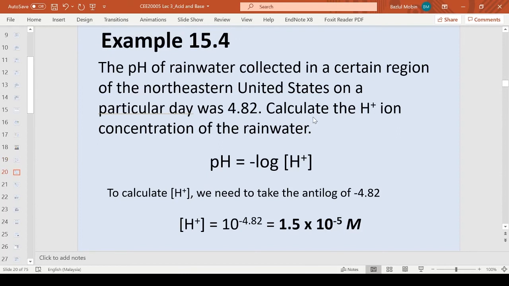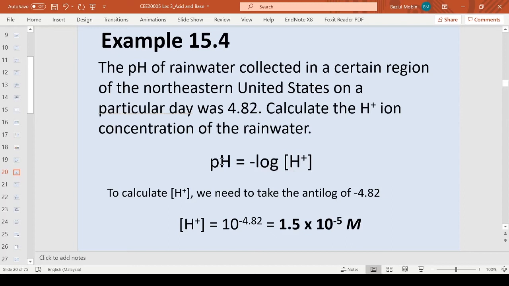Now another example. The pH of rainwater collected in a certain region was found to be 4.82. Calculate the hydrogen ion concentration in the rainwater. So the pH is given as 4.82, and we have to find the hydrogen ion concentration.